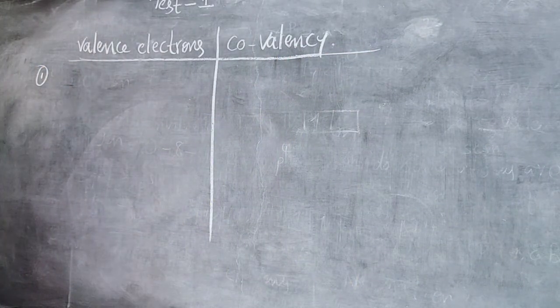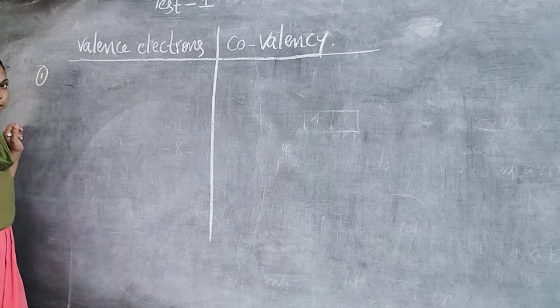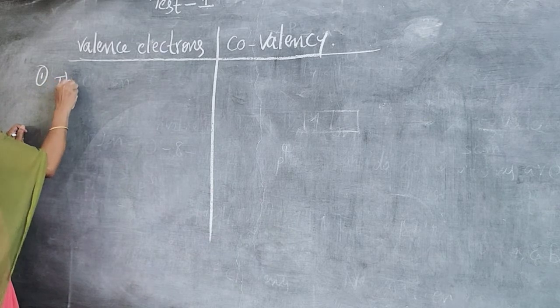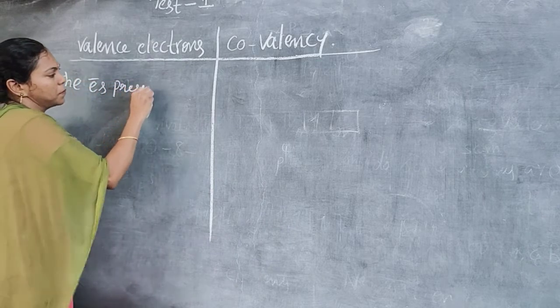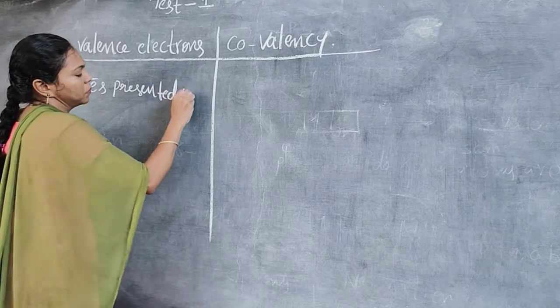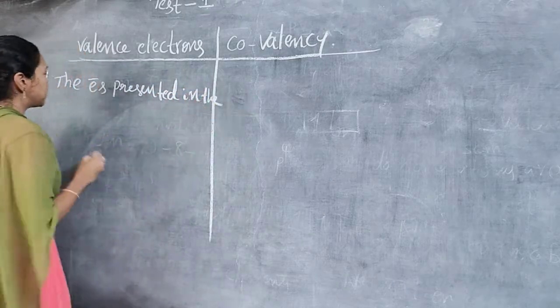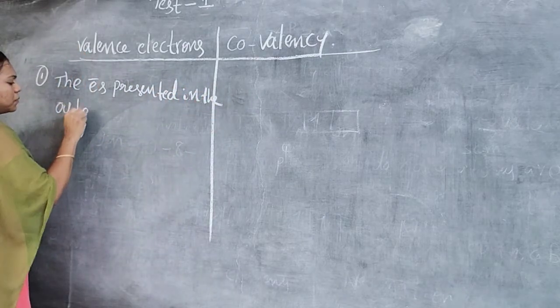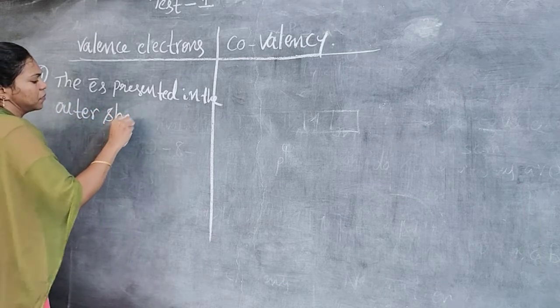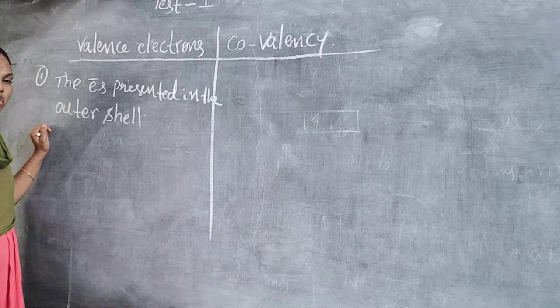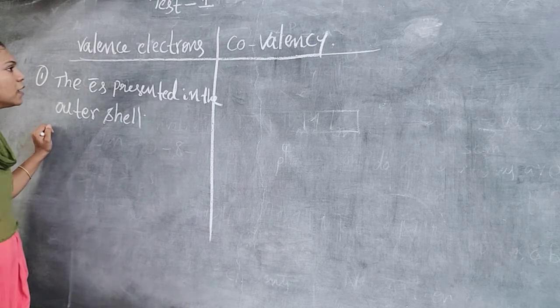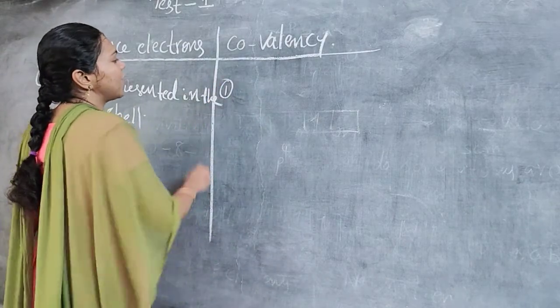What are valency electrons? The electrons present in the outer shell are known as valency electrons. You know the point. What is the covalency of the element?